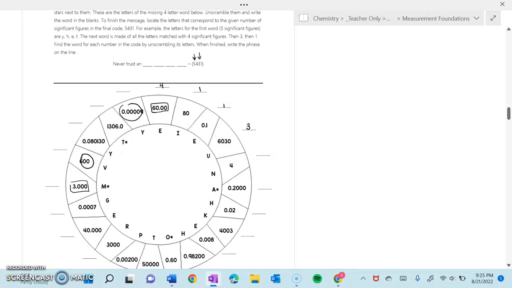And then the 3s, so like this is a 3, you'll unscramble all the 3s, and then you'll do the same for the 1s. So these would be part of that last word. A 4-word response to our never trust a blank, blank, blank, blank. And that's a 4-letter word, the 4 letters that have stars next to them. Okay, so there's your little code.